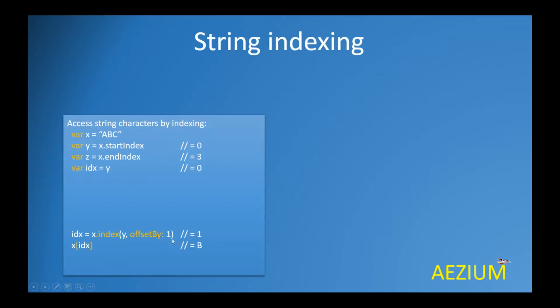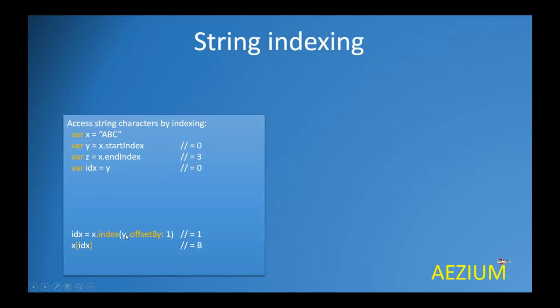We have parentheses. Inside the parentheses, we have the point of reference, in this particular case y, which is the start index. And then we use the keyword offset by, followed by colon, and then how much we want to offset this reference index. In this case it is 1.